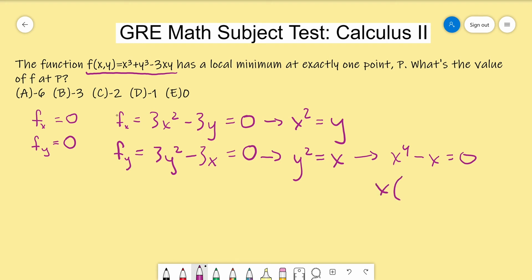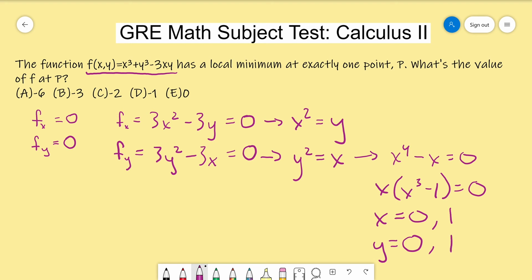If we factor, we'll get x times x cubed minus 1 equals 0, which means that x is equal to 0 or x is equal to 1. And if x is equal to 0, then y also has to equal 0, and if x is equal to 1, then y has to equal 1.